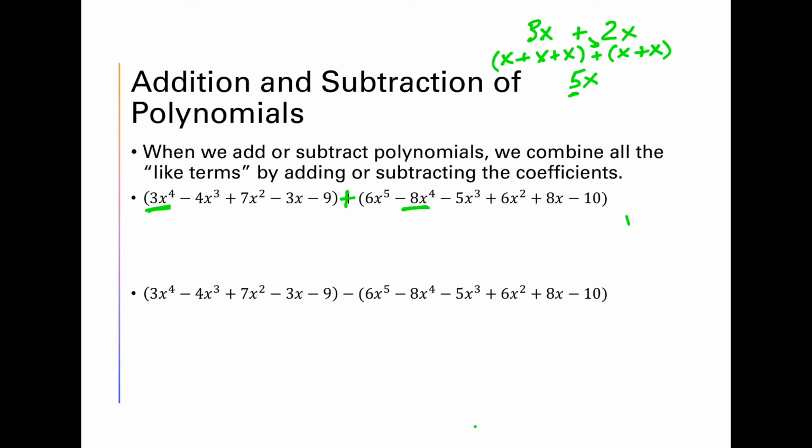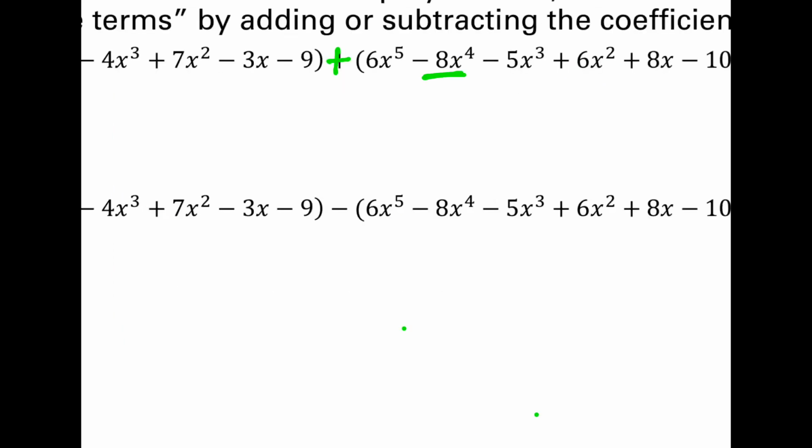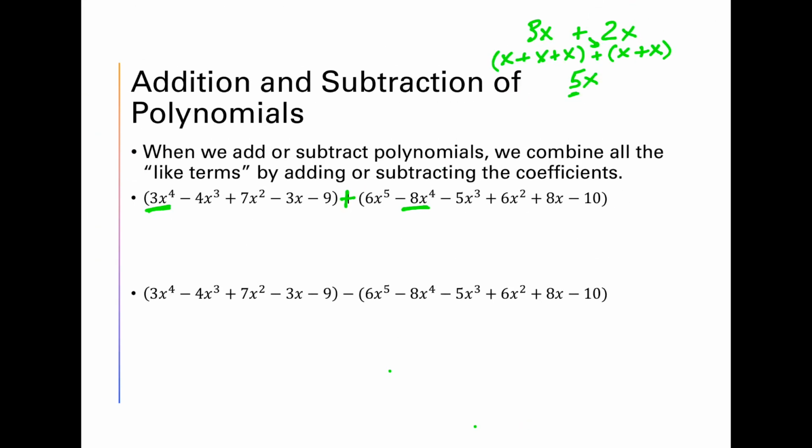The parentheses are there just to say we have 2 polynomials, but in reality we're adding a bunch of individual monomials. So we want to add up the ones that are like. 3 and negative 8 give me negative 5, so I'm going to combine those as negative 5x to the fourth.